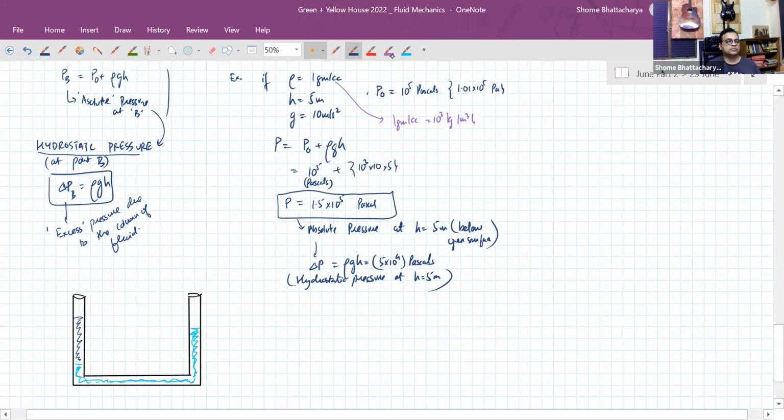Okay. So this is kerosene and it's got a density of 0.8 gram per cc, whereas this is water. It's got a density of 1 gram per cc.